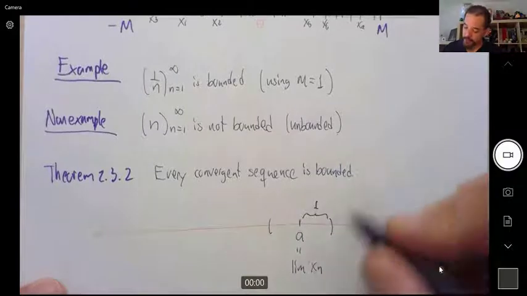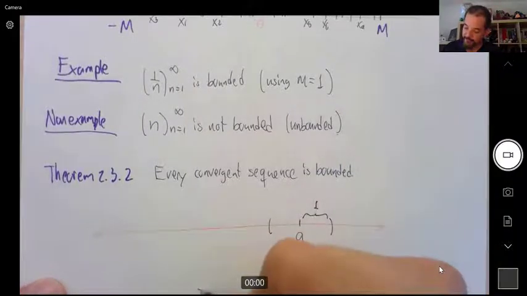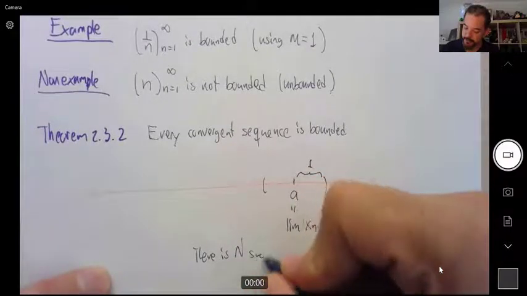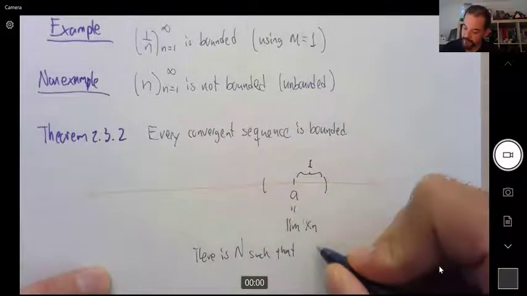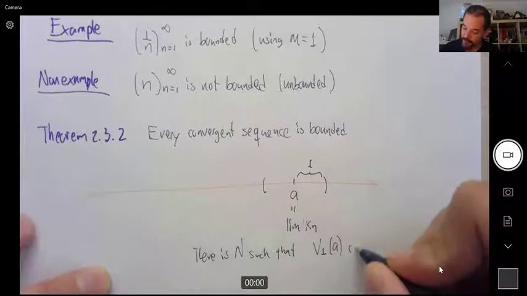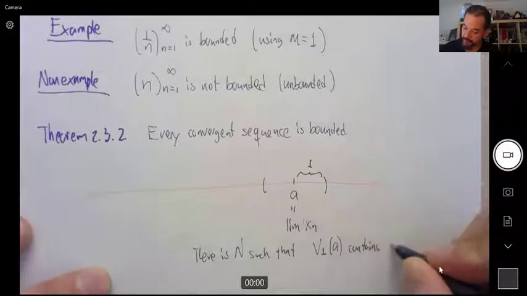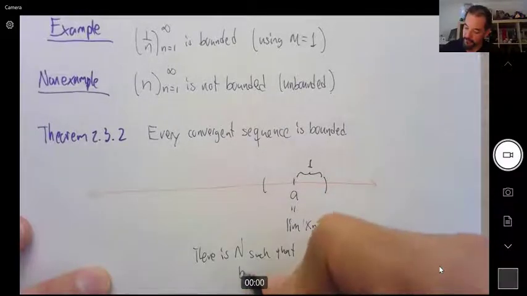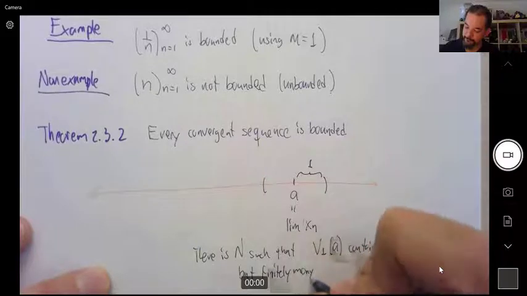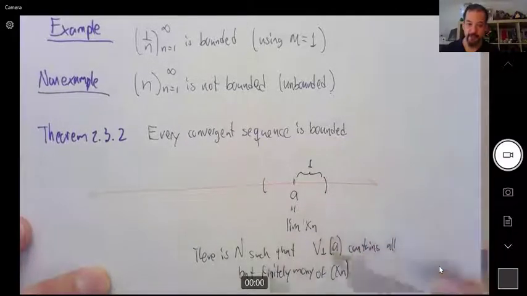And then what we know is that there is some capital N such that the V_1 neighborhood around A contains all but finitely many of the x_n, right?